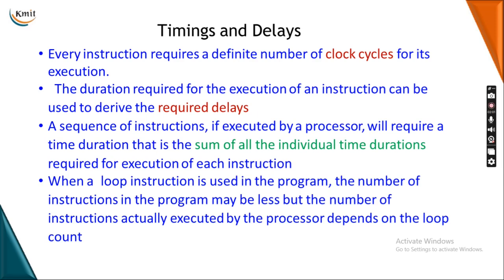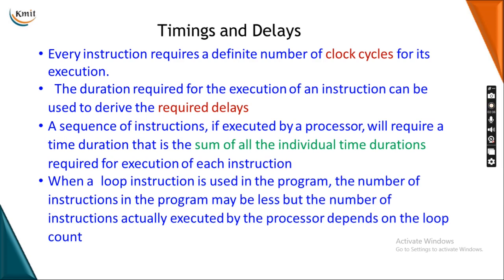The duration required for the execution of an instruction can be used to derive the required delays. A sequence of instructions, if executed by a processor, will require a time duration that is the sum of all the individual time durations required for execution of each instruction.